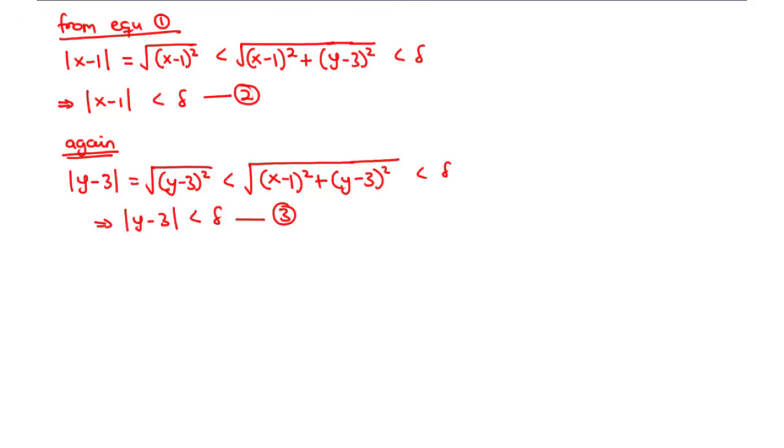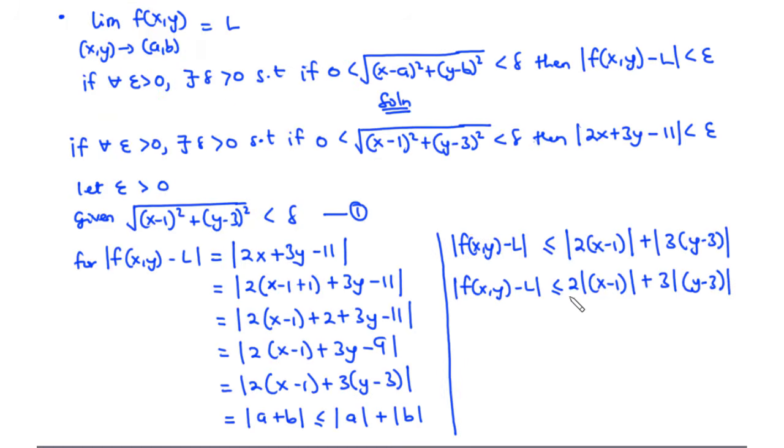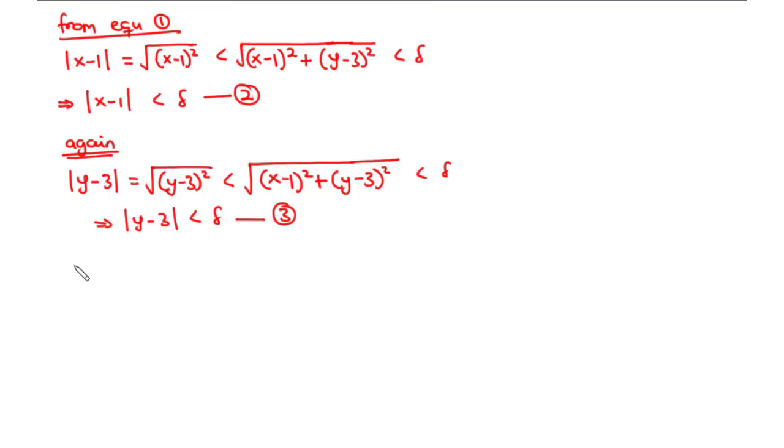Now the next thing we are going to do here is we are going to call on this inequality. This is very important to us. So let's quickly rewrite this on the next page. Now let's look critically into this inequality and then try to make inputs from equations 1 and 2.